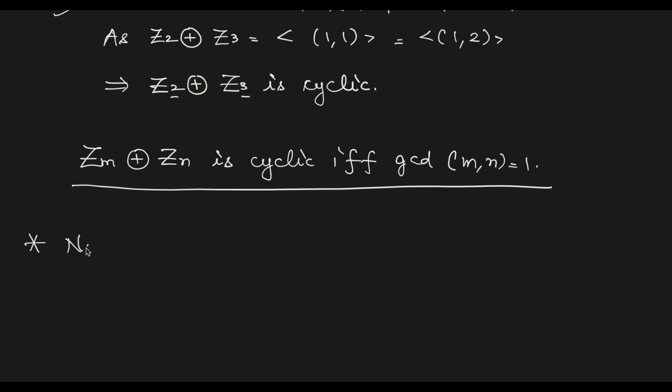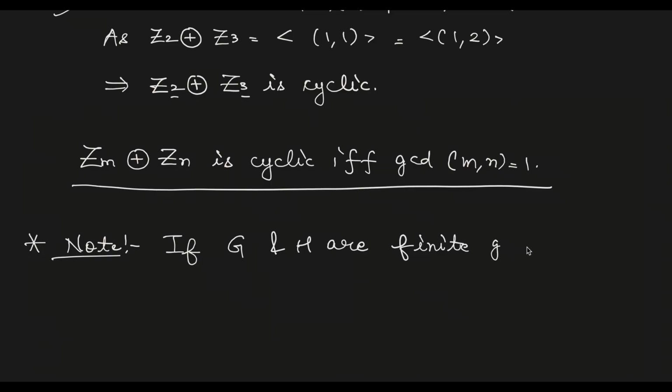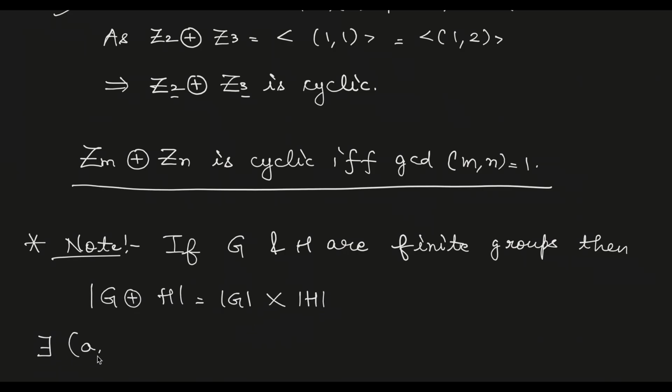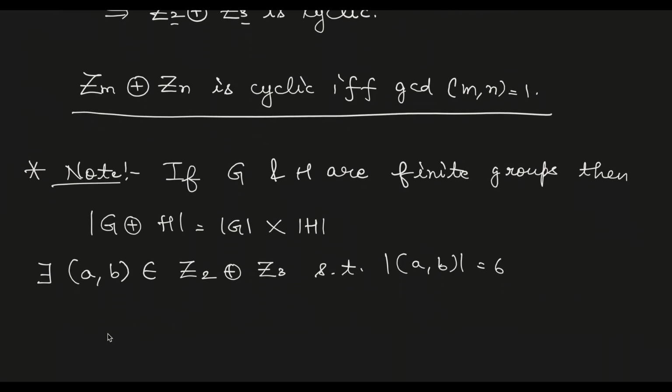Note, if G and H are finite groups, then the order of G direct sum H equals the order of G times the order of H. So there exists A comma B in Z2 direct sum Z3 such that the order of A comma B is 6, and this ordered pair was 1 comma 1 and 1 comma 2.